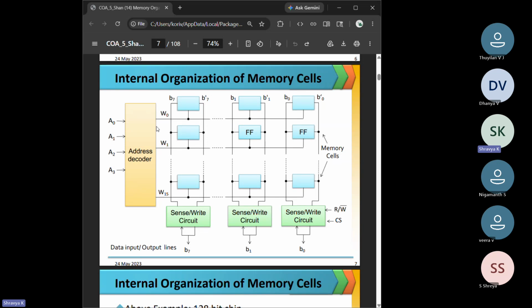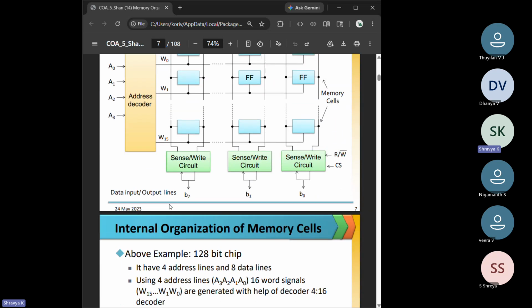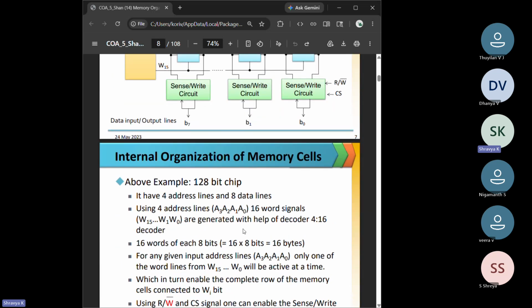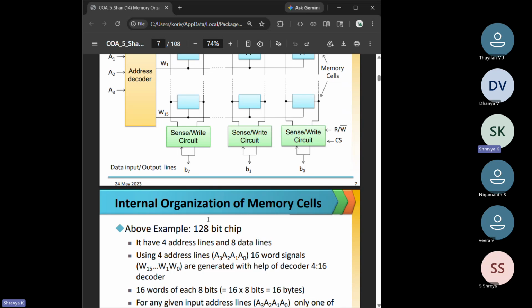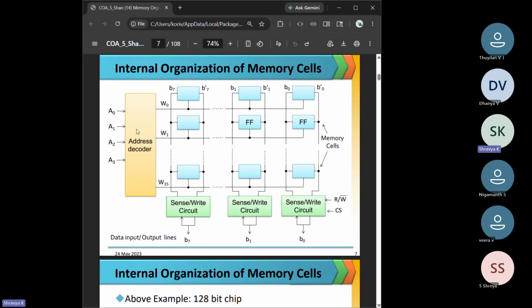This address decoder takes these address lines and tells you which word you need to access. In this example, with four address lines, you'll have 16 word signals, because 2 to the power 4 is 16. So 0000 would indicate the zeroth word, and similarly, 0001 would be the first word.